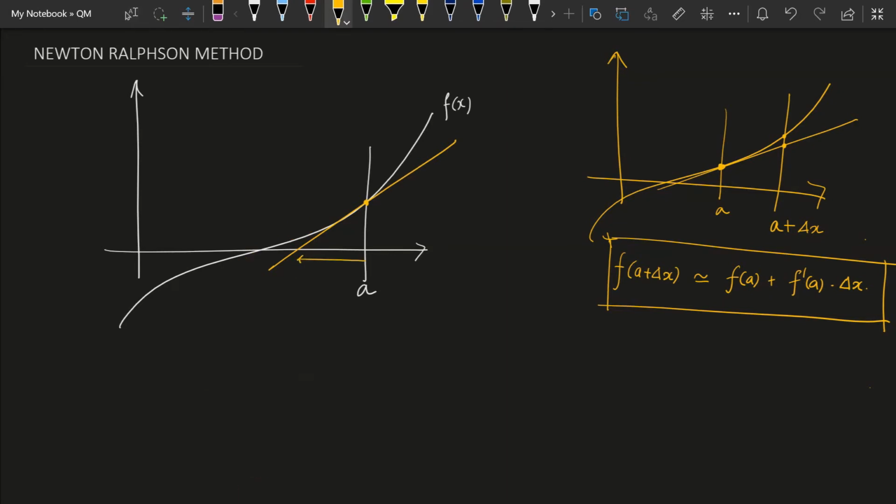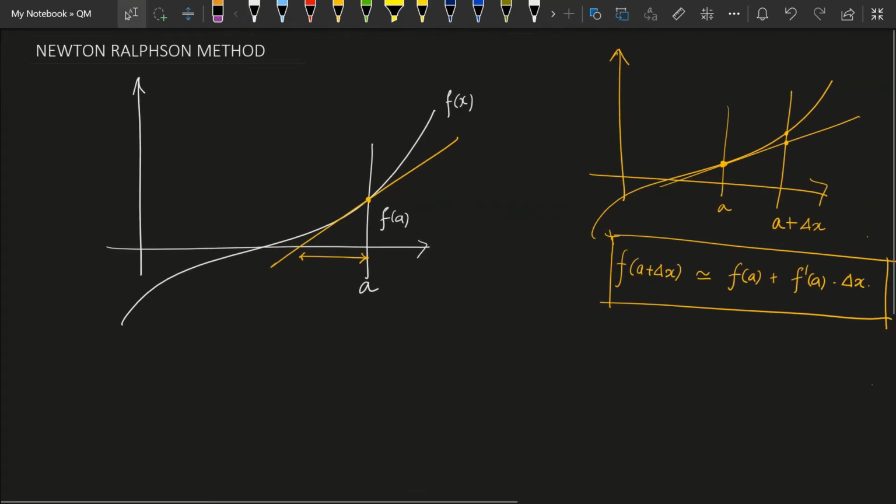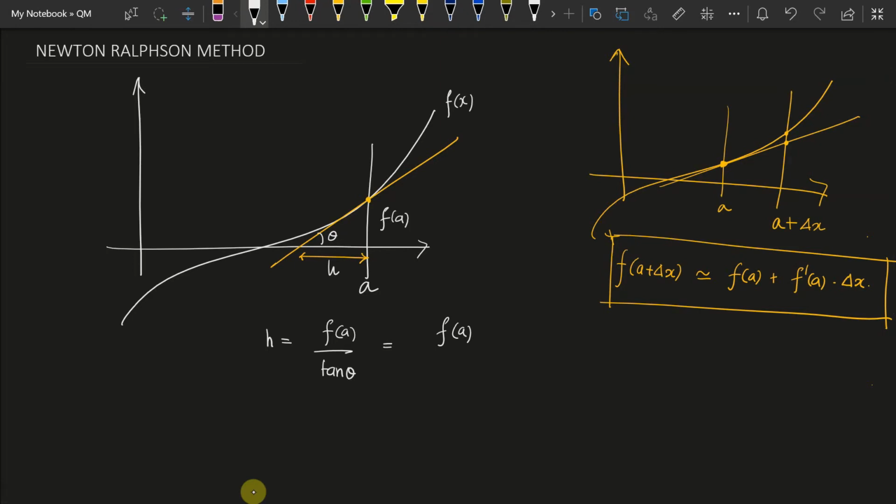Now let us try and calculate this distance. So we know this height is f of a. So this distance is equal to tan theta, so this distance will be f of a by tan theta. And you know tan theta is basically just f dash of a. So you can also write this as f of a by f dash of a.